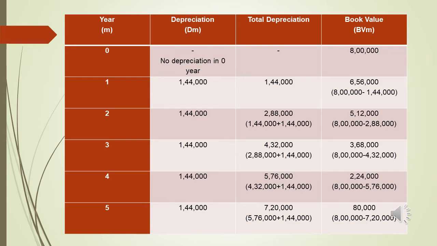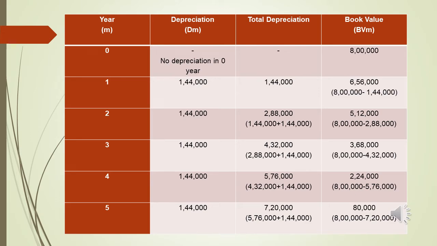In the depreciation and total depreciation columns, you have to indicate a dash. It is 0, because it's a new instrument and depreciation won't happen that year. So from year one, we have to calculate.